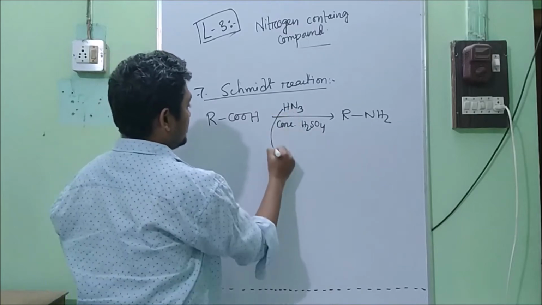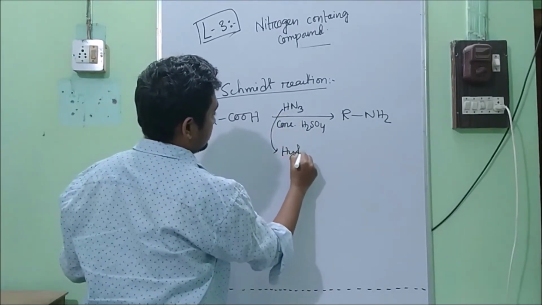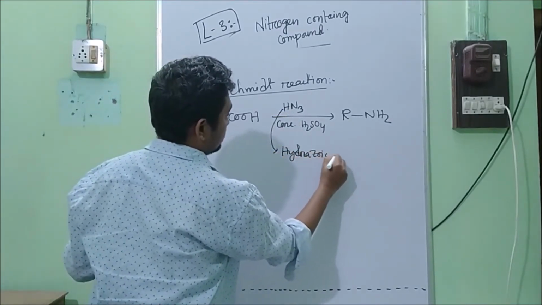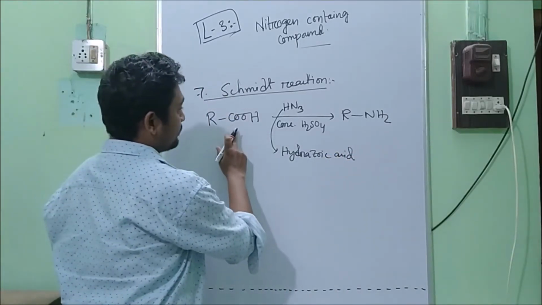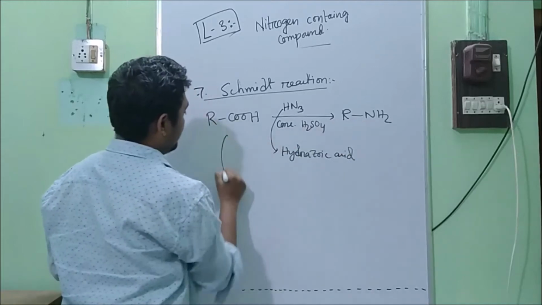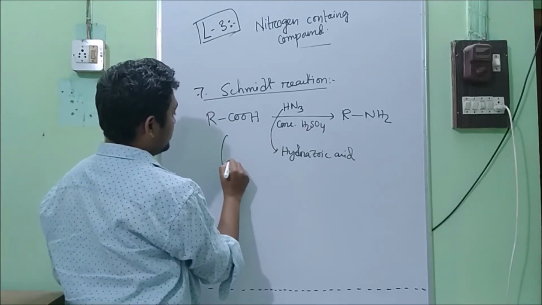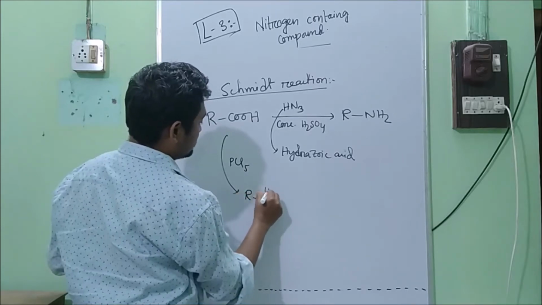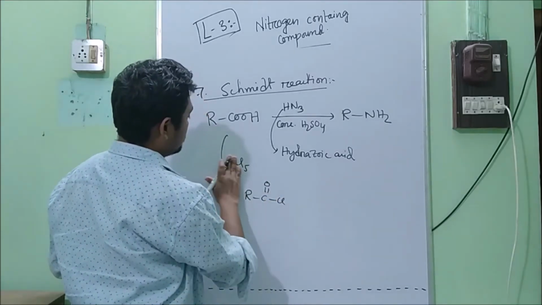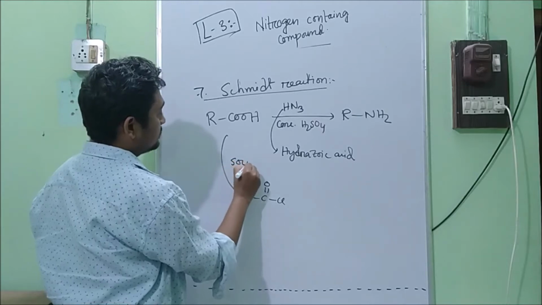HN3 is hydrazoic acid. We can also convert from carboxylic acid to amine if we give PCl5, then it will convert into RCOCl, you can also use SOCl2.